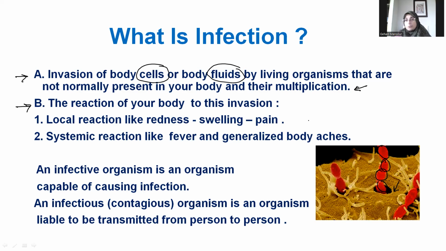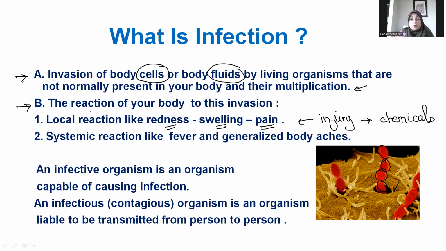In inflammation, as we studied in the first semester, certain chemicals are released in the body due to the penetration, because when the organisms penetrate the cells, they cause injury to the cells. And injury to the cell will cause the release of certain chemicals, and those chemicals cause the reaction of the body, which is pain, swelling, and redness at the site of penetration. All these are symptoms and signs of inflammation, as you know.